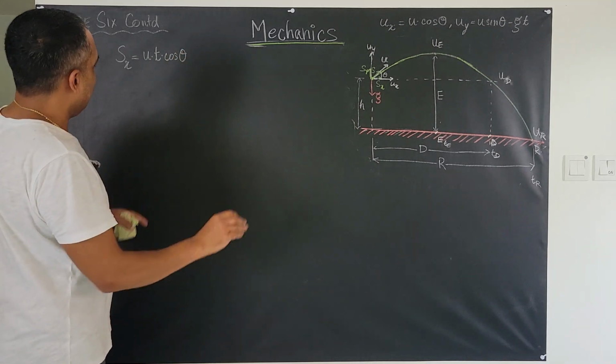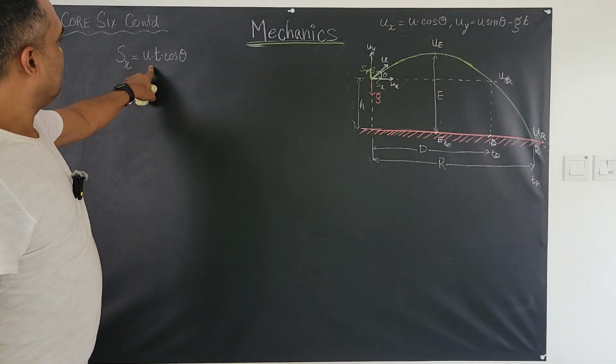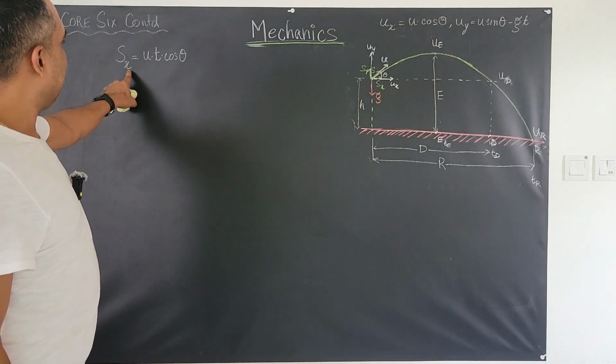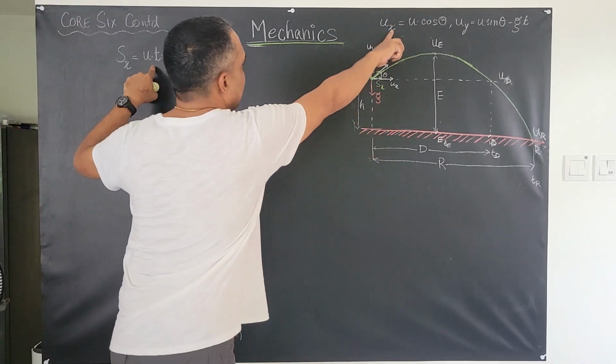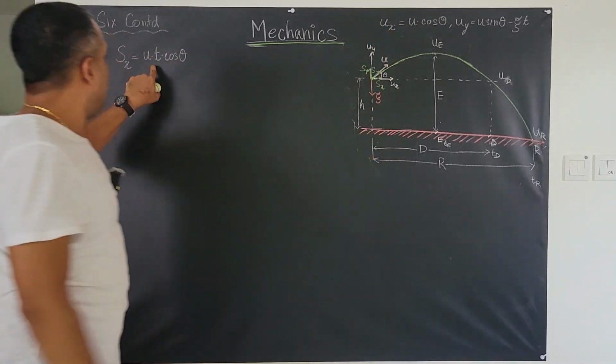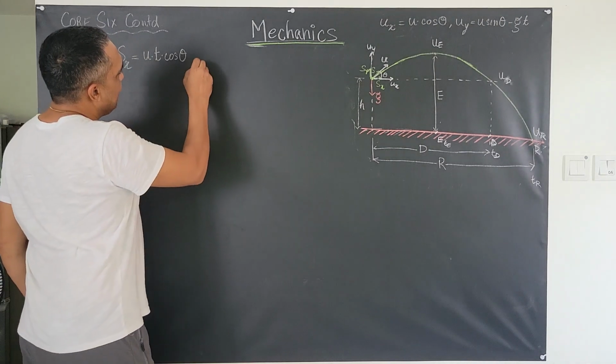So far, you're with me. So at any given point, I can write its corresponding velocity vector and time. Okay. What else can I write?